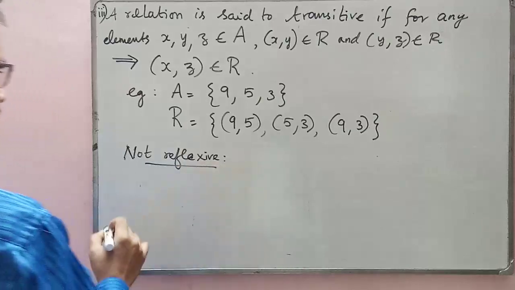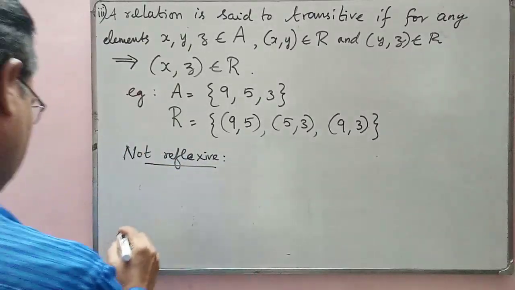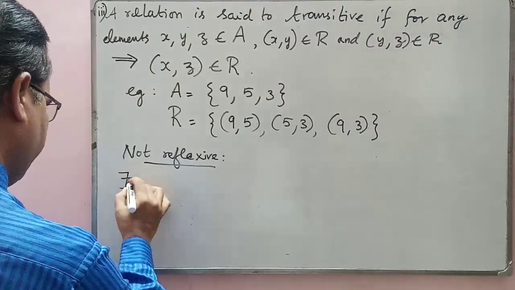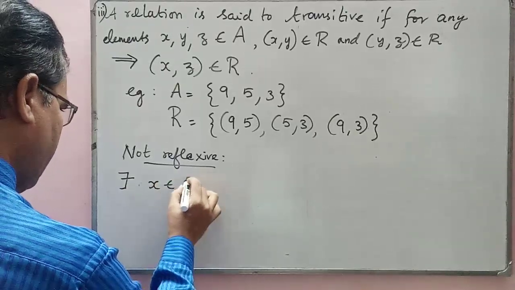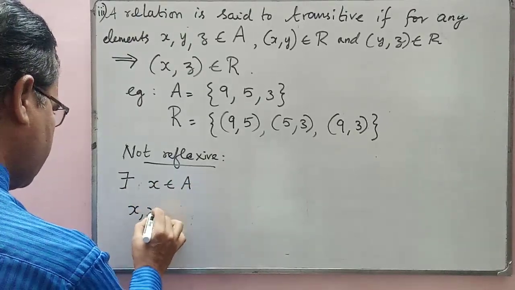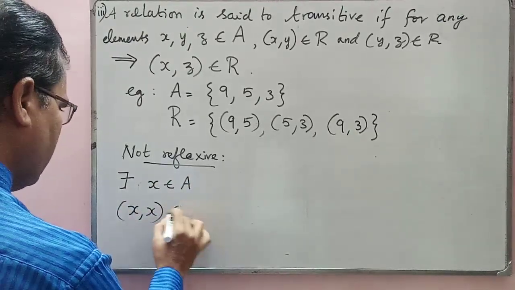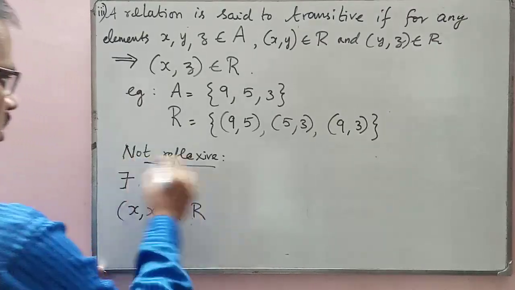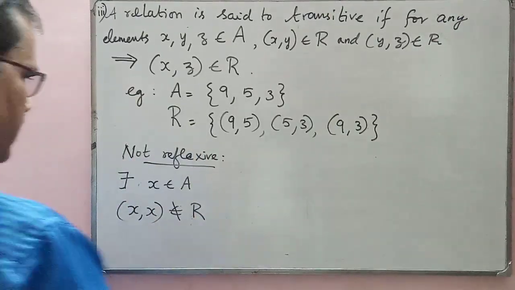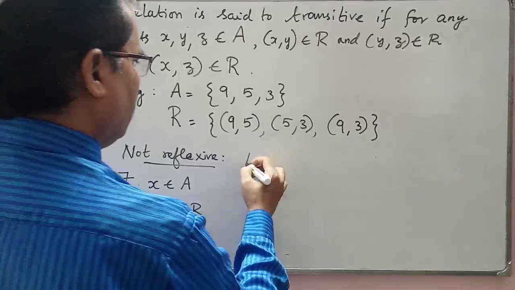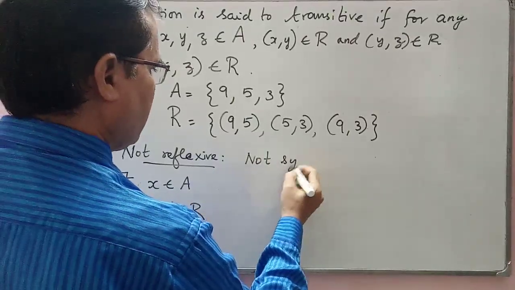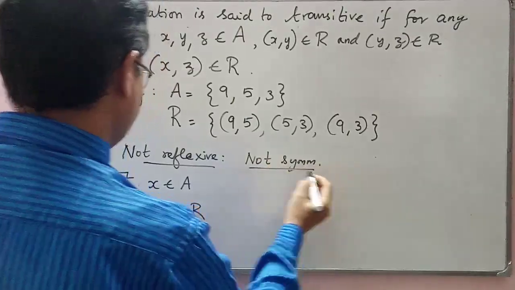When you say it is not reflexive, simple, there exists x belongs to A, then x comma x does not belong to R, then you call it not reflexive. We are learning in a negative way. Not symmetric. In short, I am making it very short.